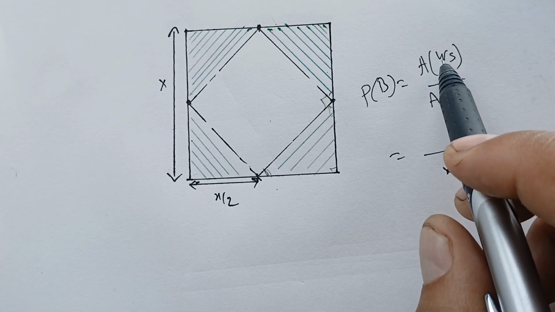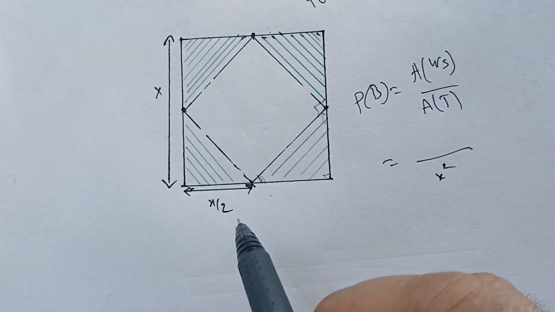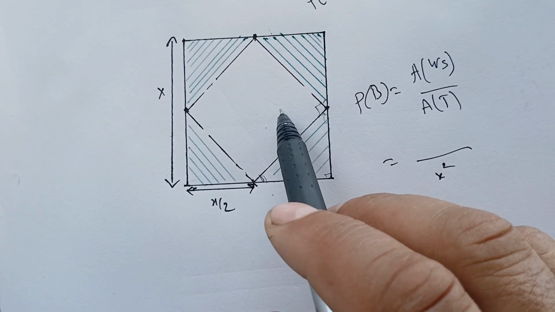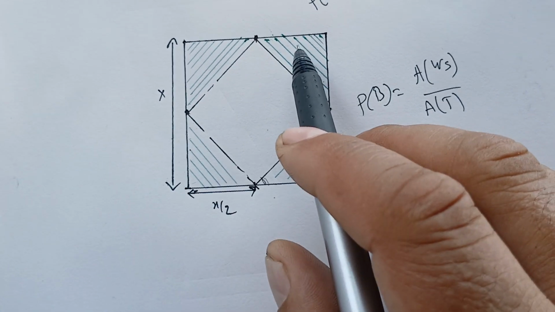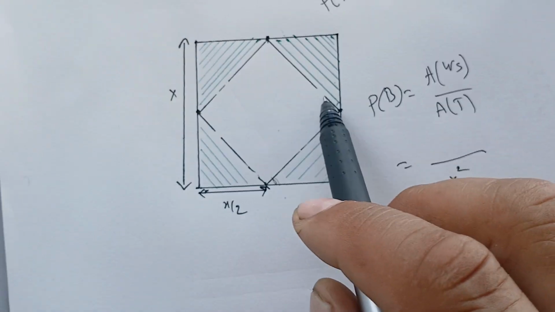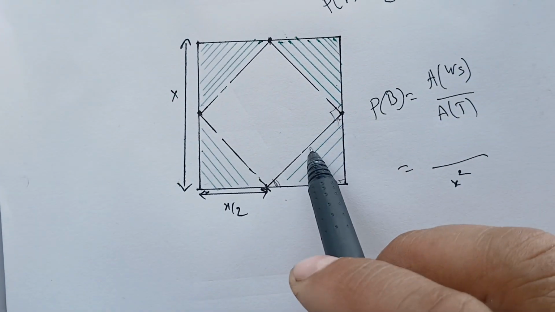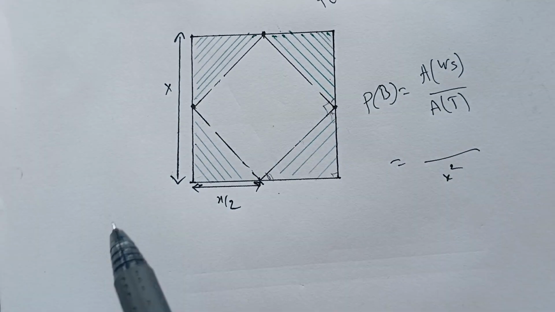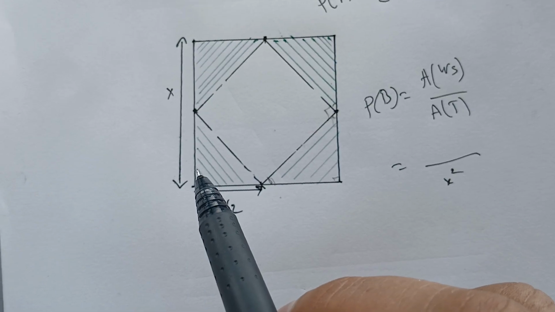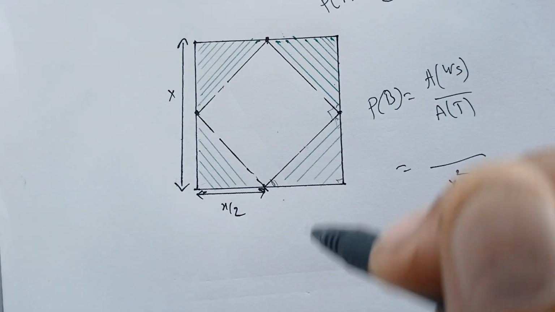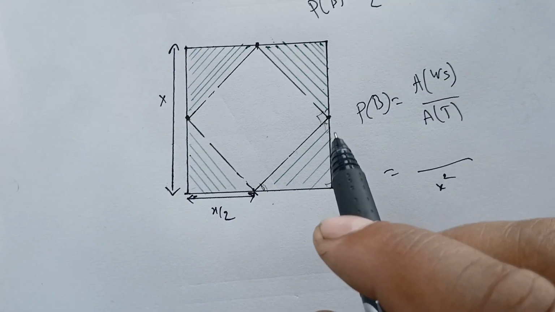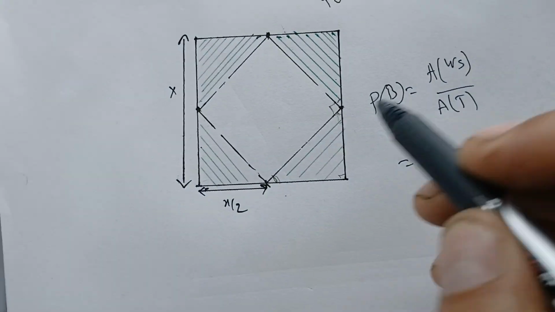The area of the white square is just the side length times itself. Or in fact, we can compute it.